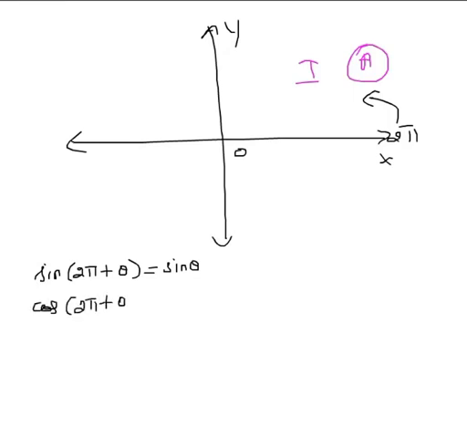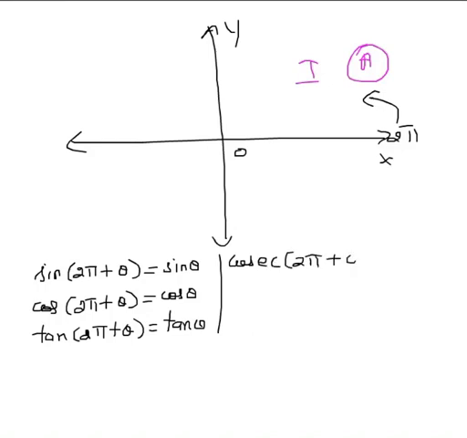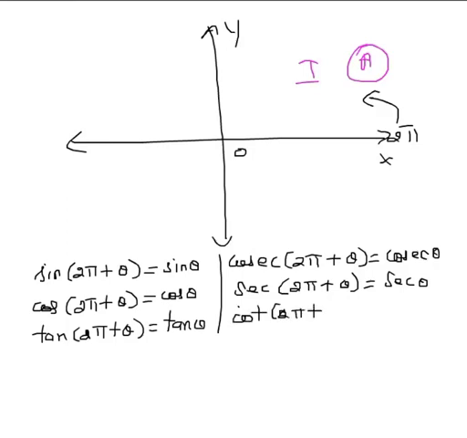Cos of 2 pi plus theta is cos theta, all are positive. And tan of 2 pi plus theta is tan theta. Cosecant of 2 pi plus theta is cosecant theta. Secant of 2 pi plus theta is equal to secant theta, and cot of 2 pi plus theta is cot theta.